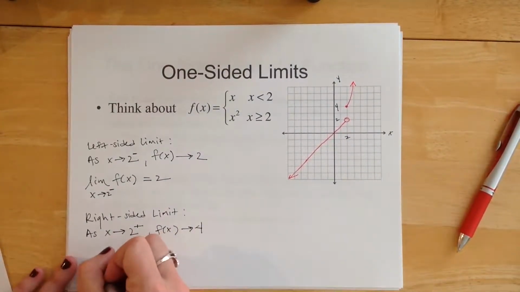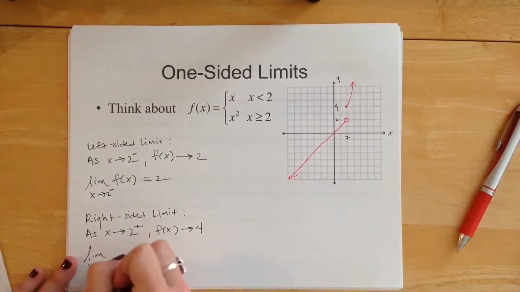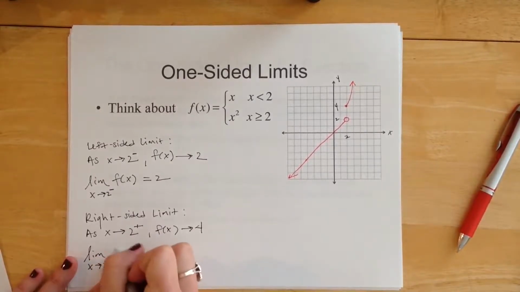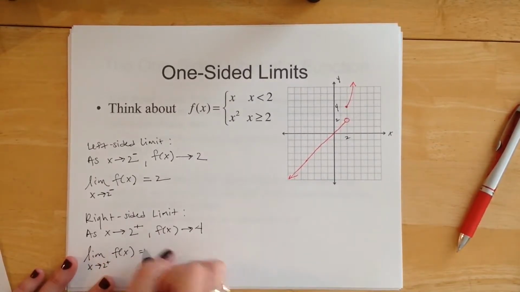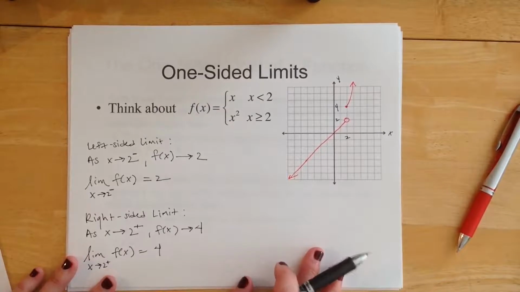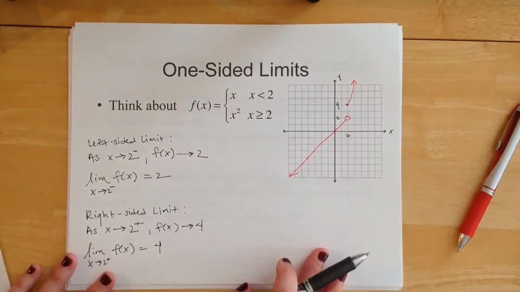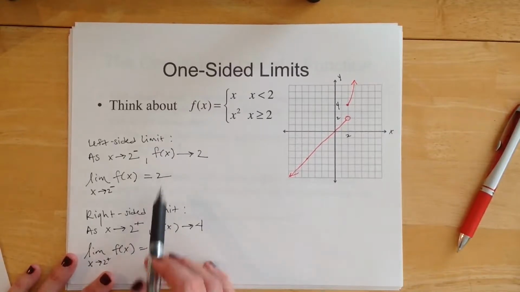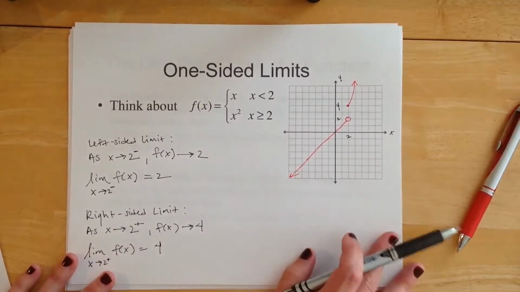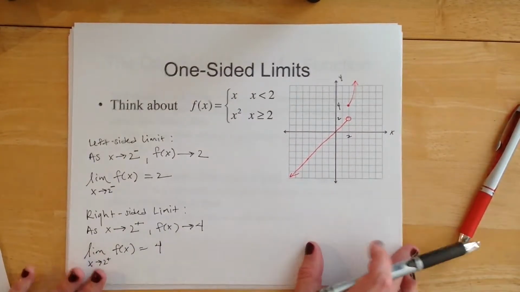In limit notation, this would be the limit as x approaches 2 from the right of our function f of x equals 4. So the one-sided limits here exist. The two-sided limit does not exist because our one-sided limits don't match up. They're not equivalent.